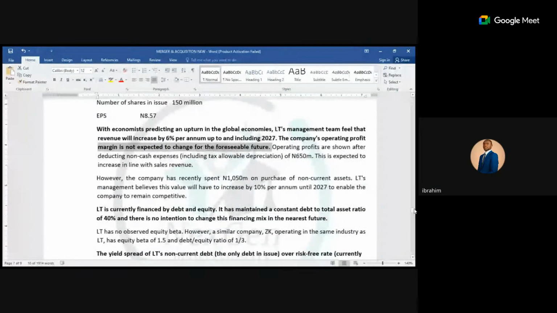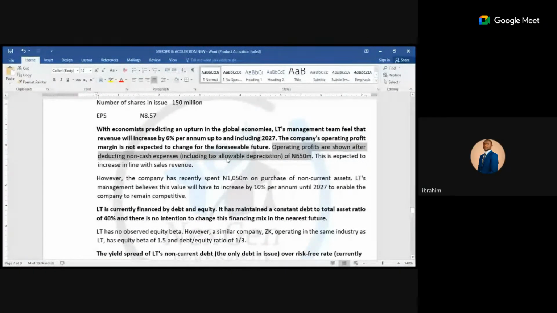Operating profit are shown after deduction on non-cash expenses, including tax allowable depreciation of 650 million, meaning that the operating profits include the 650 million of depreciation. And this is expected to increase in line with sales revenue.